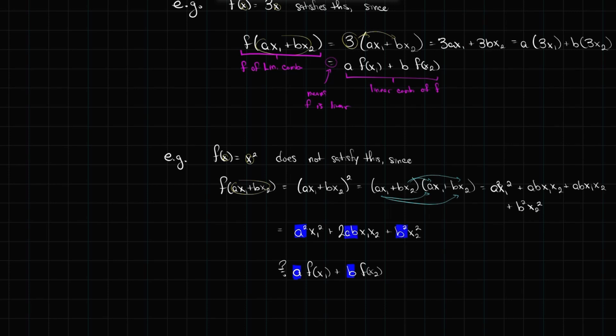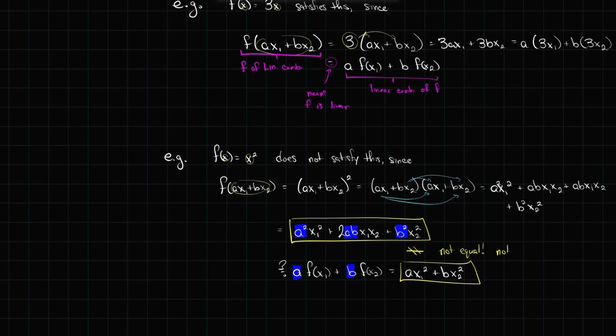The only term that has them both to the first power is the middle term here, but on the bottom they're not multiplied together, so this really doesn't feel like they're equal. Let's just verify that really quick by writing out what a f of x1 is. Well, that's a times x1 squared, and b f of x2 is b x2 squared, and now we can really see that this collection of terms is definitely not equal to that collection of terms. Not equal. So not linear.